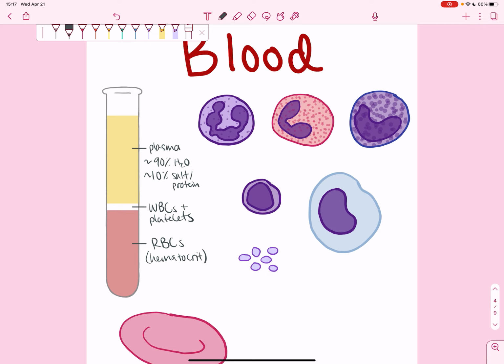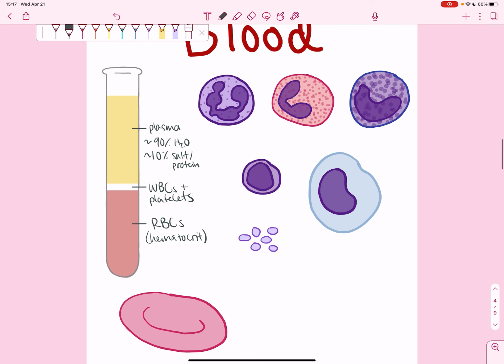Alright, first up here I have some white blood cells that I will label for you. I divided them into granular and agranular, but I should mention that white blood cells, their formal name in science, is leukocytes.